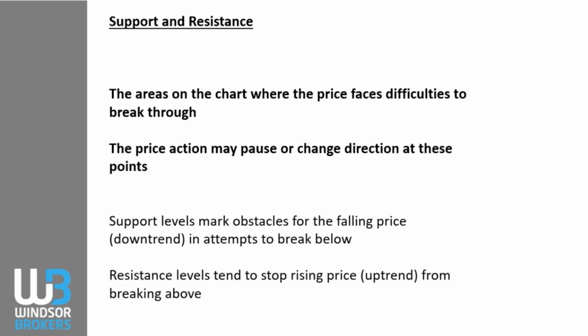Now the strength of each level depends on how much difficulty the price will have to break it, and we recognize various types of support and resistance levels, and depending on their strength, price shows different behavior.